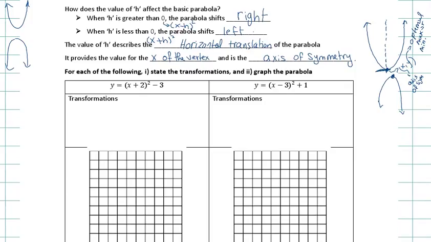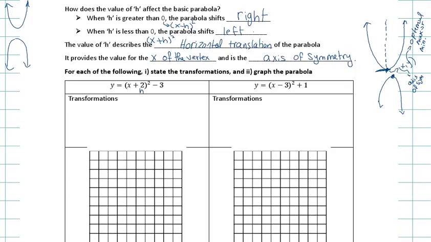So let's look at the following equation, okay? And let's describe the transformation and try to graph it. What kind of transformation do you see here? Vertical and horizontal, right? What letter does this represent? H. What letter does this represent?